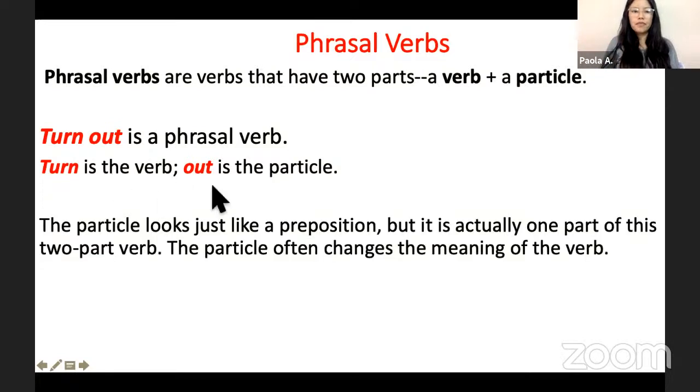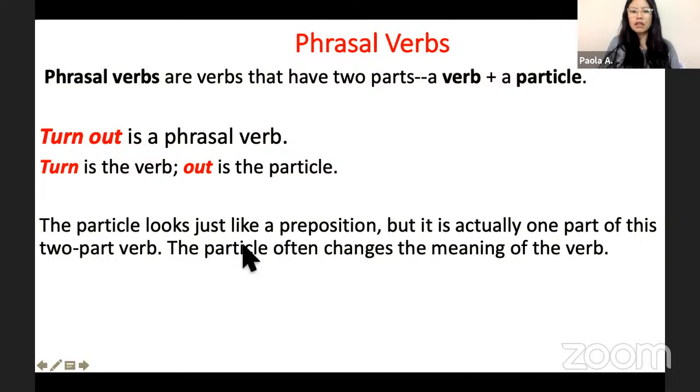The particle looks just like a preposition. It could be a preposition, but it's called a particle because it's the second part of the two-part verb. So they don't separate. That's what it means. Turn out, they always go together when we want to make a statement. There are some situations where I can put some words in the middle, but not always.